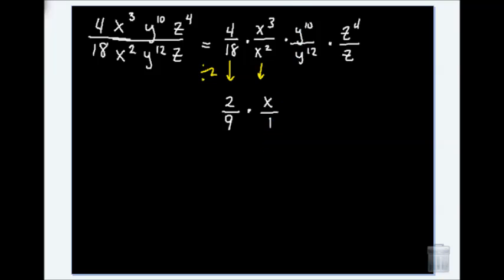You don't have to put the 1 there if you don't want to. You just make sure your x is on top. And then I have 12 minus 10. The 12 wins, so it's y squared, but it's in the bottom. And then I have 4 minus 1, which is 3.